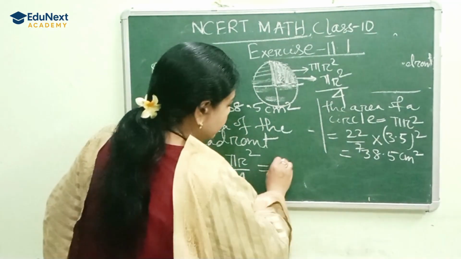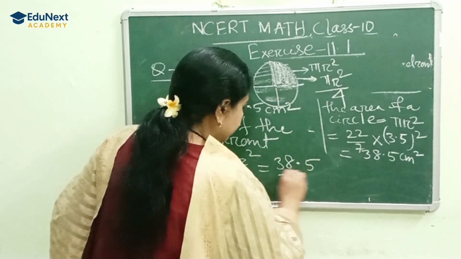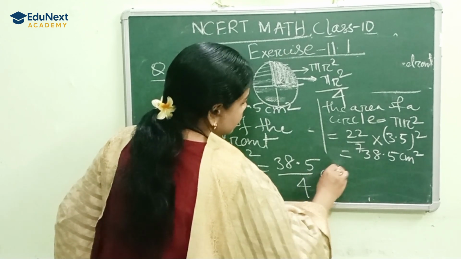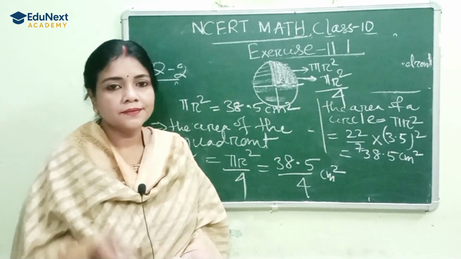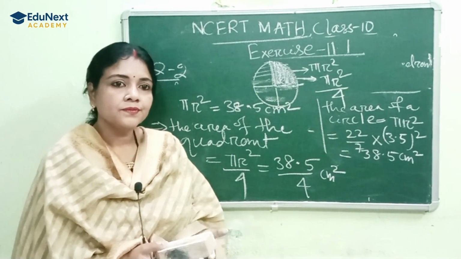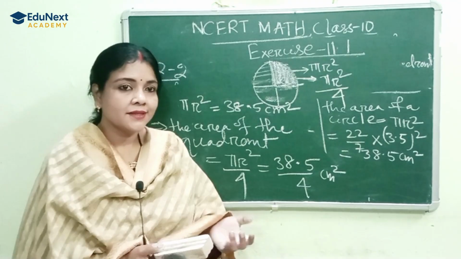So that is equal to 38.5 divided by 4 centimeter square. Now you can calculate this. Next, let us discuss another question.